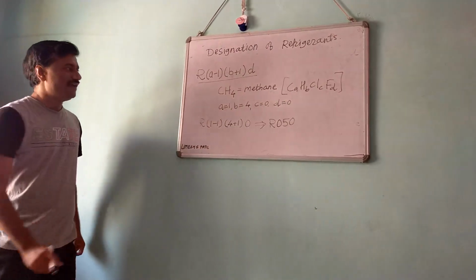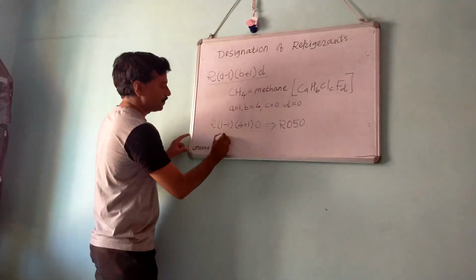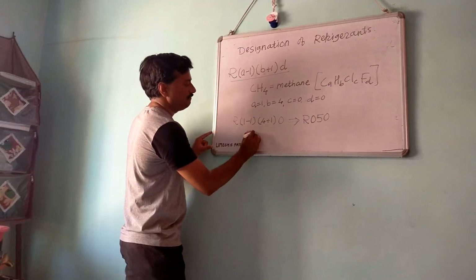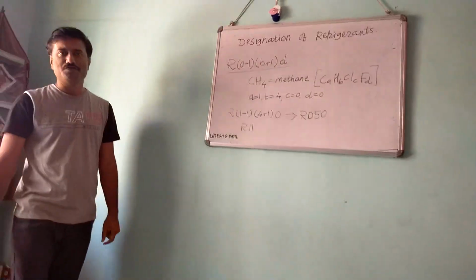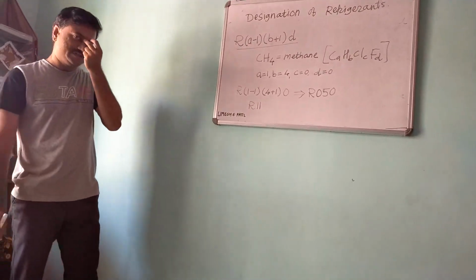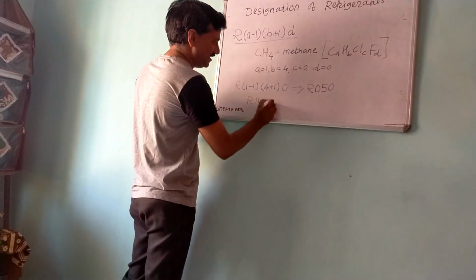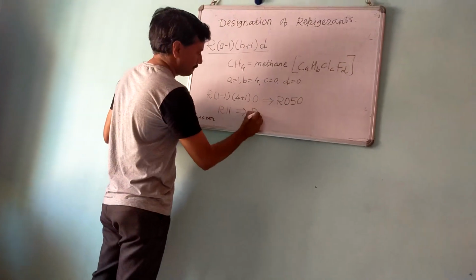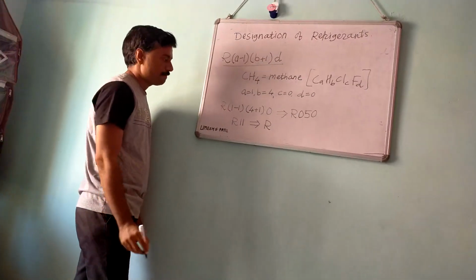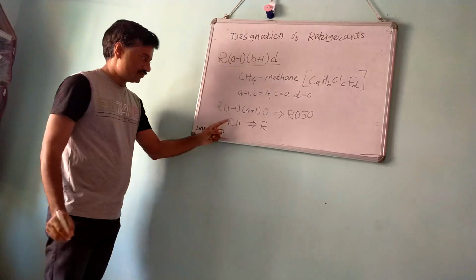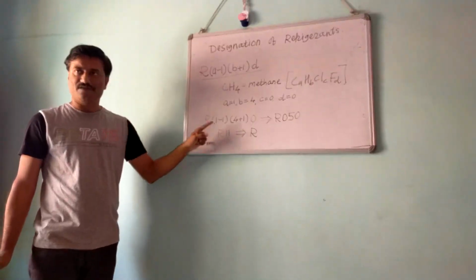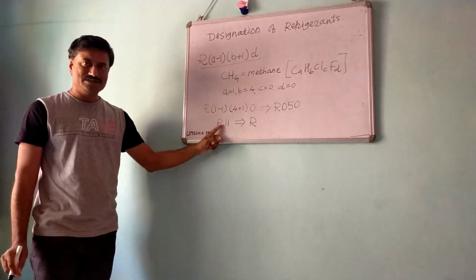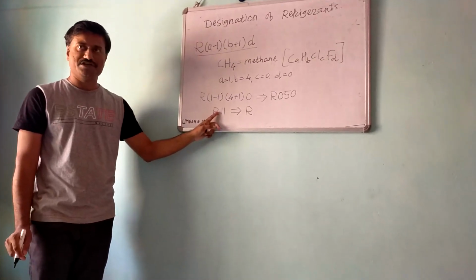Now take another example. Suppose a designation is known to us, suppose R11, and we want to know the chemical formula for this refrigerant. So we'll write this in standard form. Whenever there are only 2 digits in front of the refrigerant, it indicates it is a methane based refrigerant, and the first digit is 0, which is generally not written.